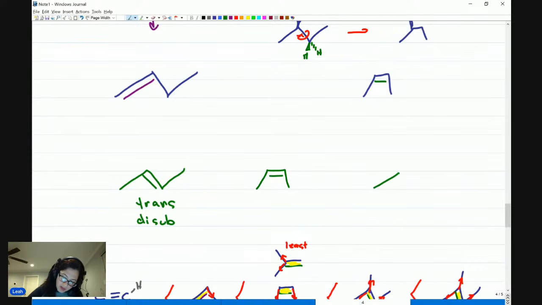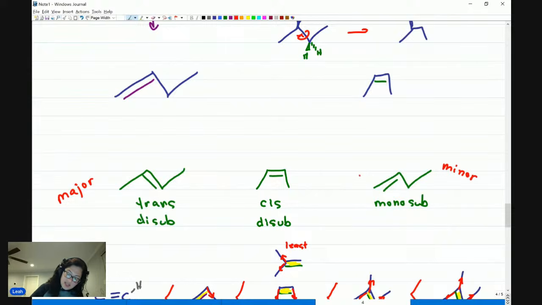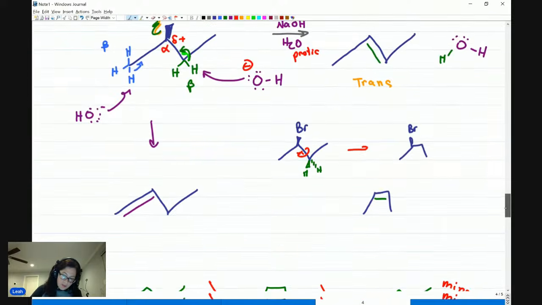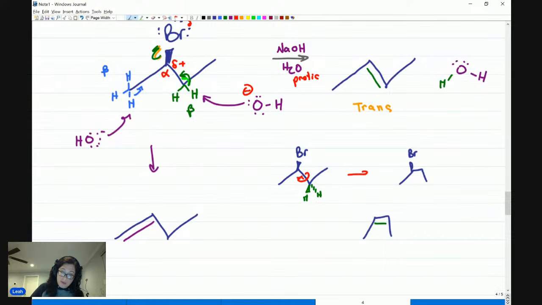The second one that I drew was a monosubstituted. And the second one here was a cis disubstituted. The one over here is the major product because it's the most stable. This is the minor product because it is the least stable. And this one is in the middle. Trans is more stable than cis, which is more stable than the monosubstituted. These are the 3 products based on the different hydrogens that I grabbed.